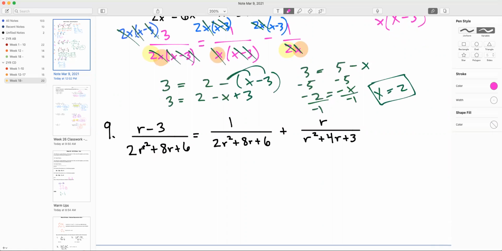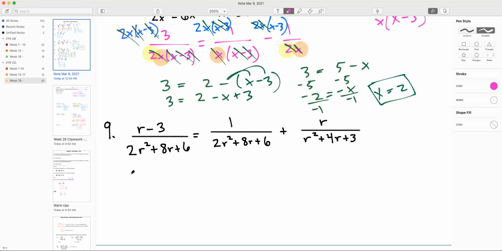Okay, so first we need to factor this as much as possible. And really, the only way to factor this right here is by pulling out a greatest common factor, which is the only type of factoring we're really doing here. Okay, so you can pull out a 2 from here.